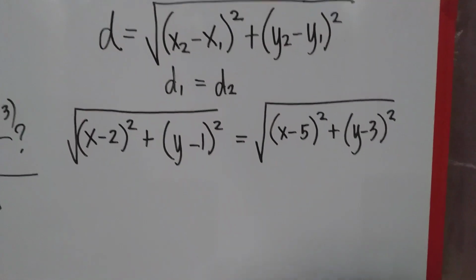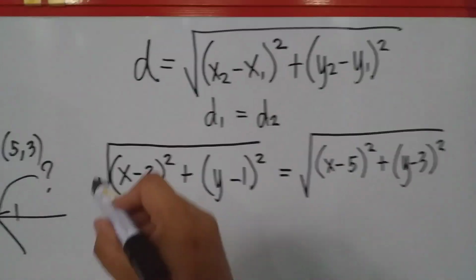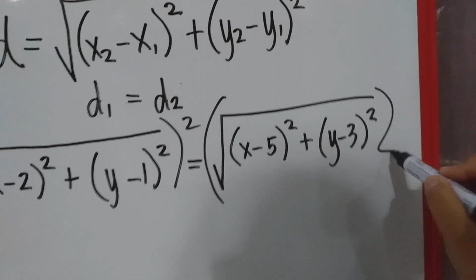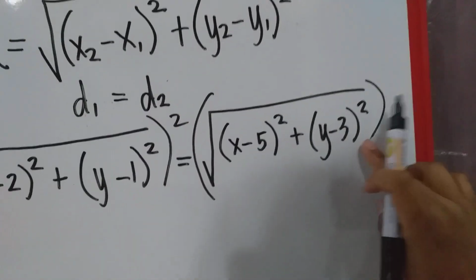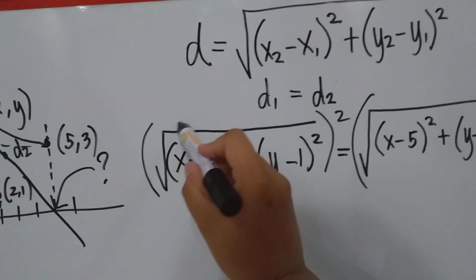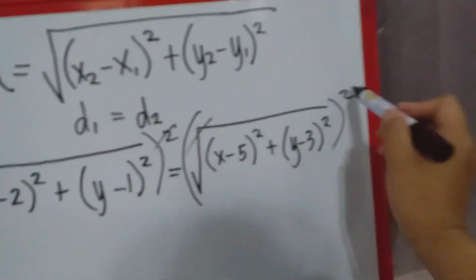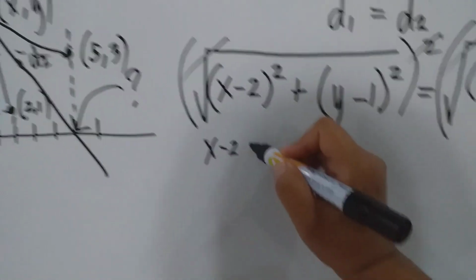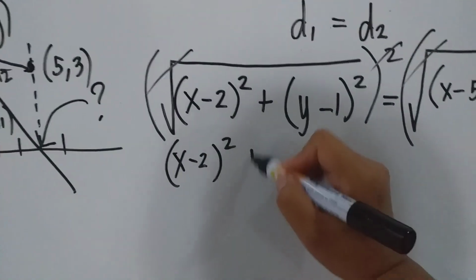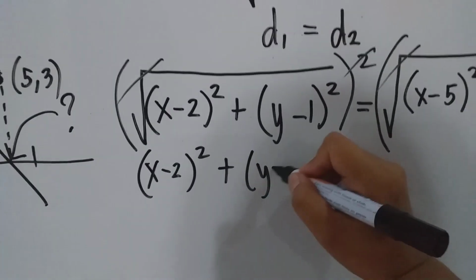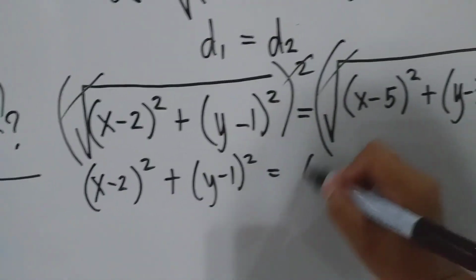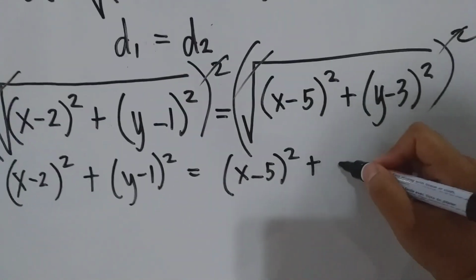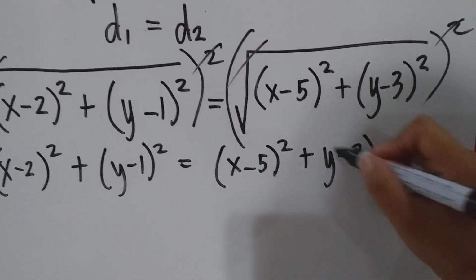Next thing to do is to square both sides. So this radical sign will be cancelled out. So we have (x minus 2) square plus (y minus 1) square is equal to (x minus 5) square plus (y minus 3) square.